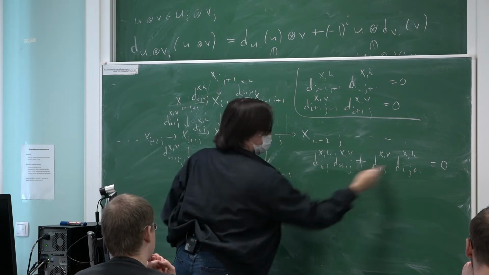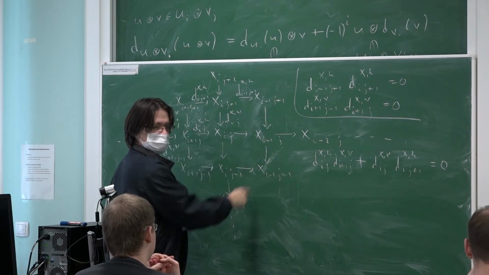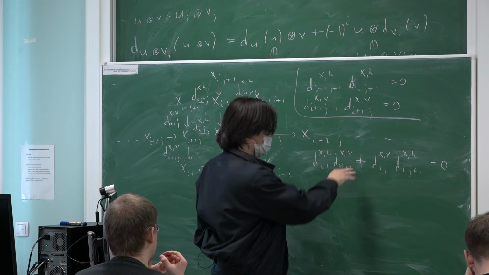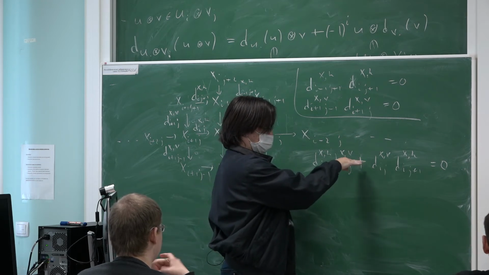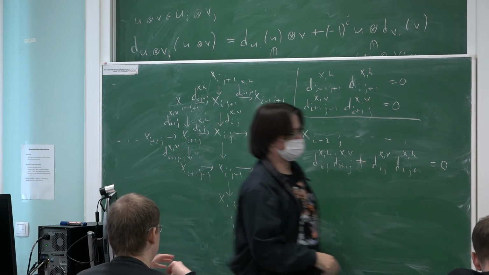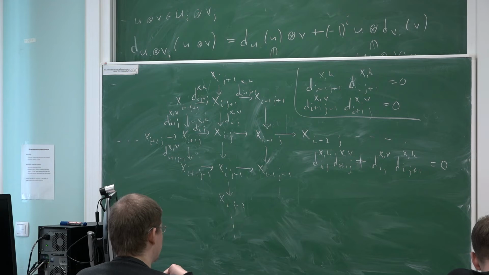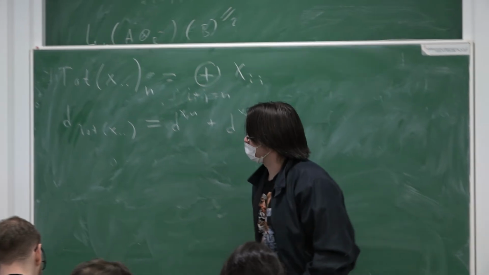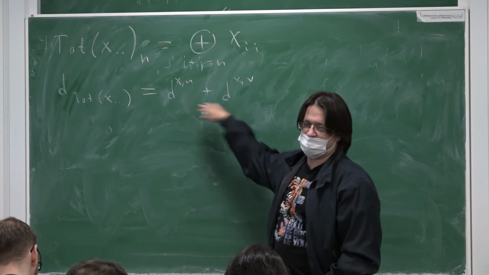And this condition guarantees that you get 0 here too. So if we put commutativity, equality here, we will have to correct some signs here. But if we put the sum equals 0, you simply write this.